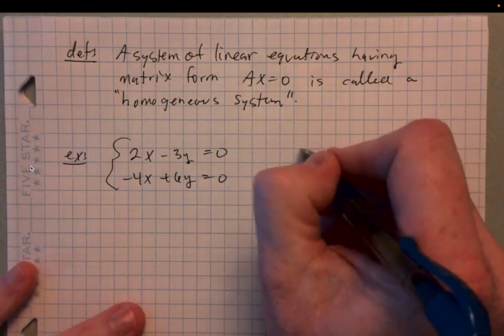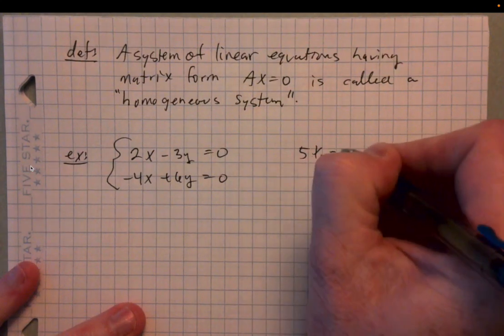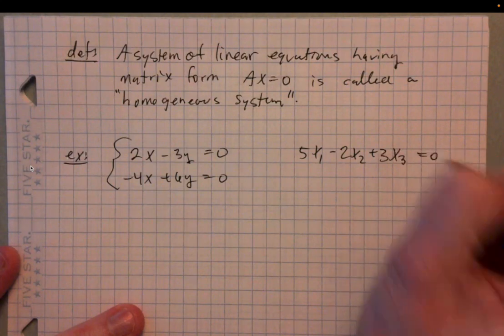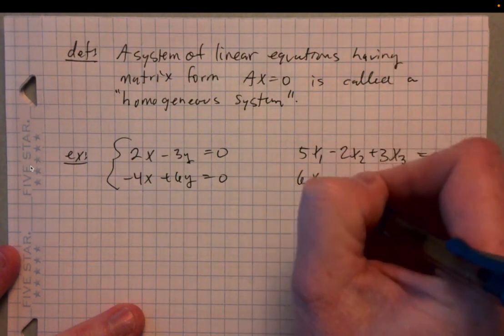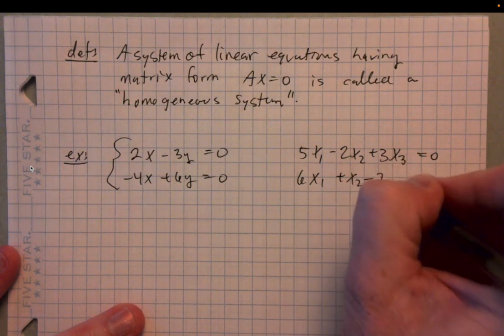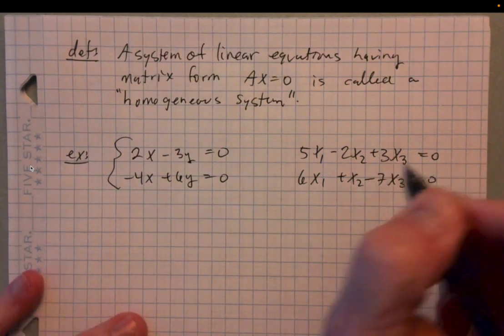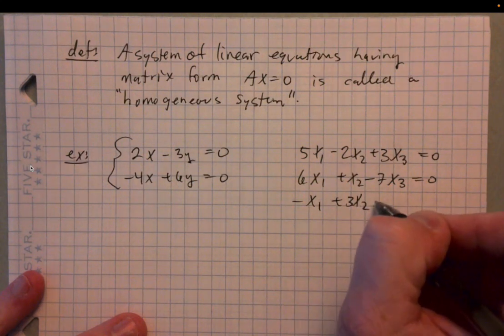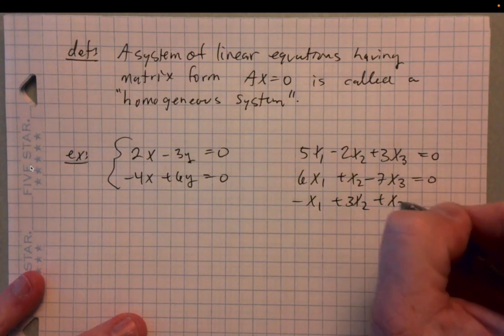Another one would be 5x1 minus 2x2 plus 3x3 equals 0, 6x1 plus x2 minus 7x3 equals 0, and negative x1 plus 3x2 plus x3 equals 0.